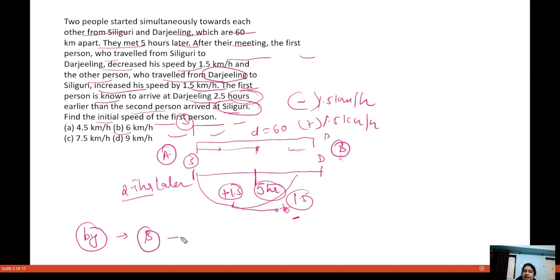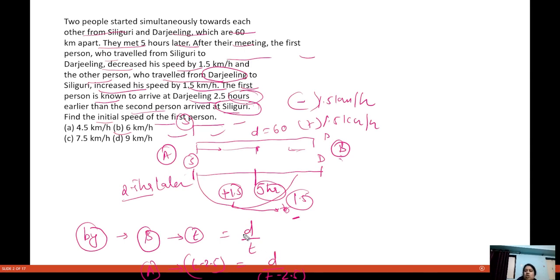Let the time taken by the B person be T. Then the time taken by the A person is T minus 2.5.